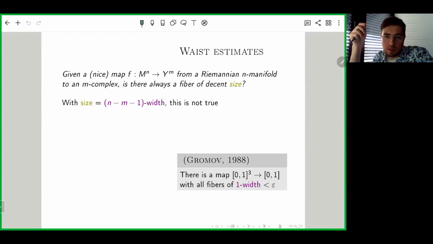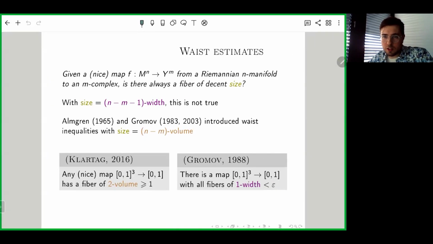And this example of Gromov basically says, well, if you measure size with the Urysohn width and you expect it to behave like the dimension behaves, then the answer is no. With different measures of size, the answer is oftentimes yes.